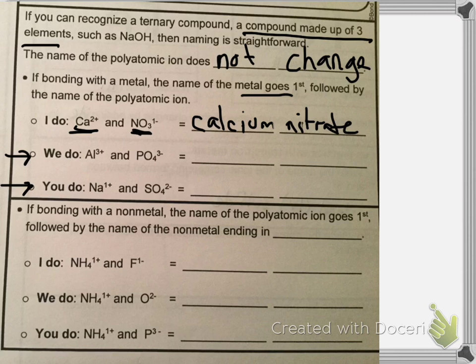So if bonding with a nonmetal, the name of a polyatomic ion goes first, okay, because the nonmetal goes second, followed by the name of the nonmetal ending in -ide, just like we have talked about before. So for example, we have these 2. This is obviously a polyatomic ion because it has multiple elements in it. It has nitrogen and hydrogen.